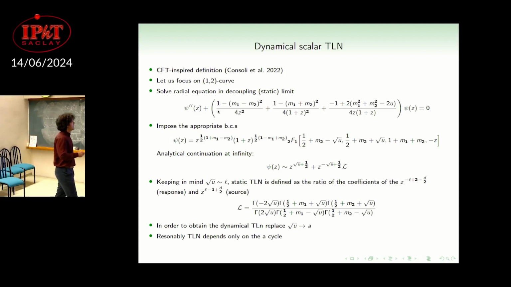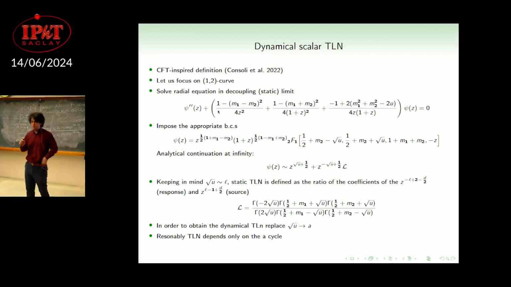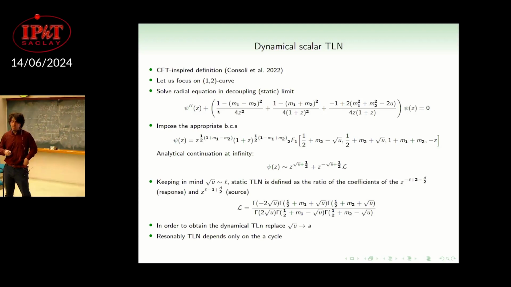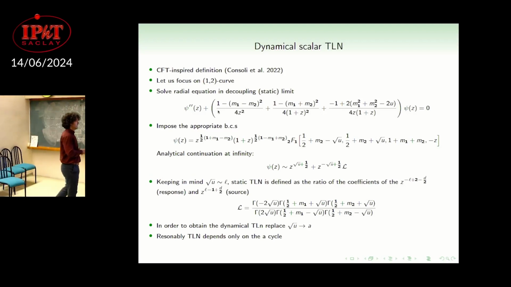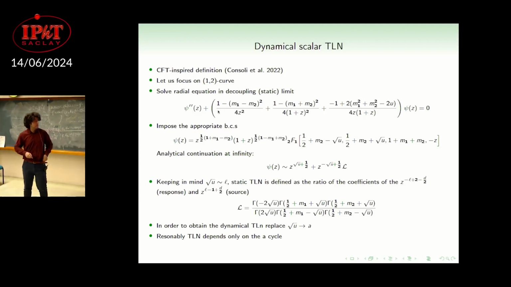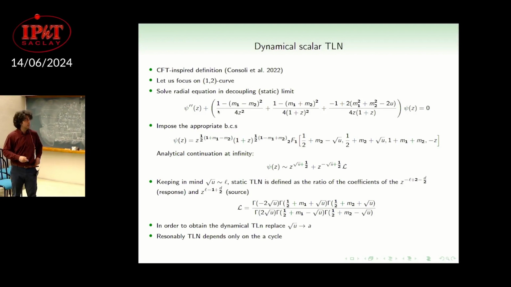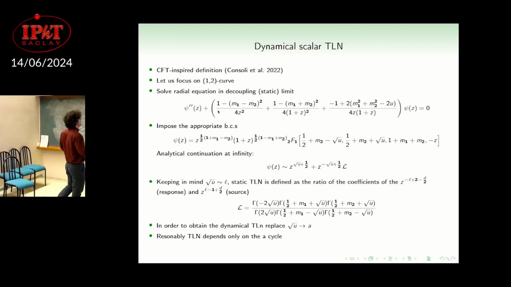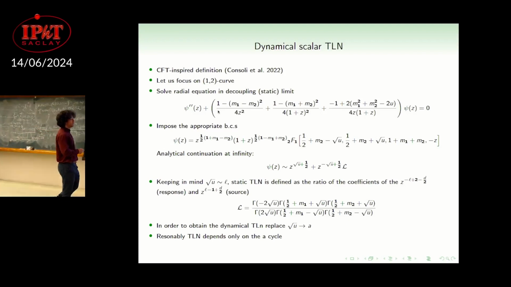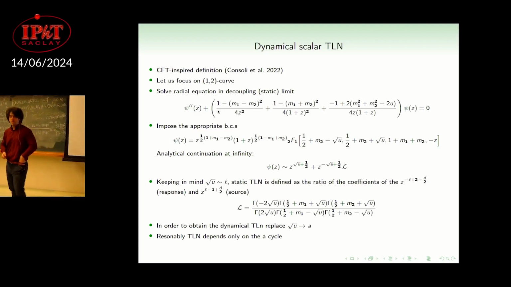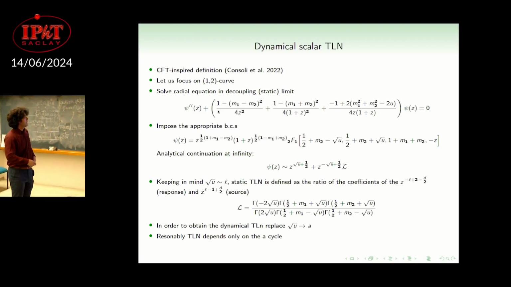So they are focusing on the omega equal to 0 limit, because the definition of the tidal love number is well defined. In order to introduce the dependence on the frequency of the wave, I am using this CFT-inspired definition provided by Francisco and Francesco and collaborators.